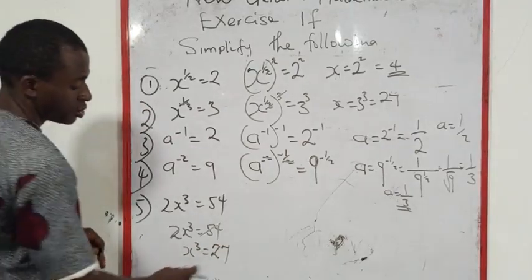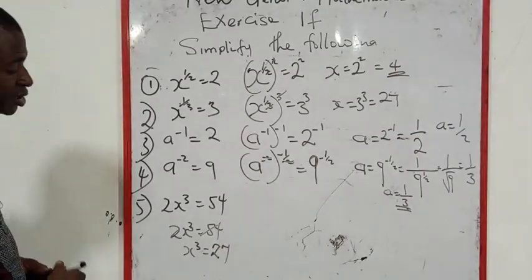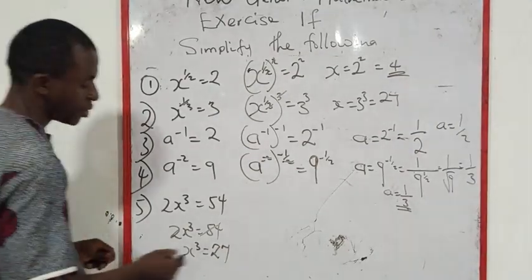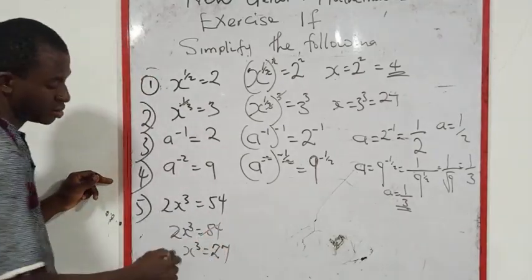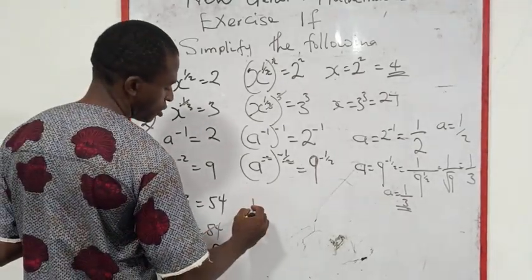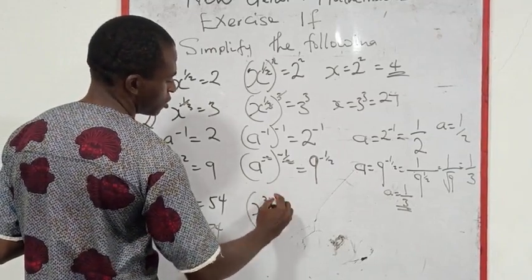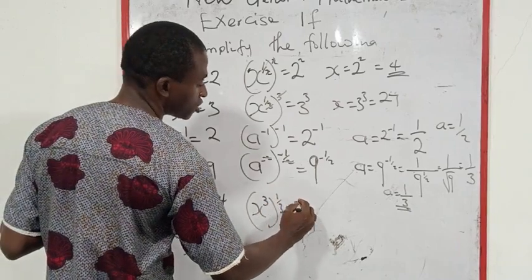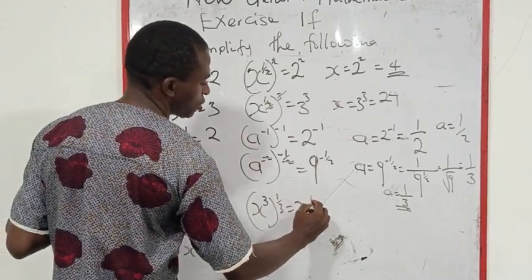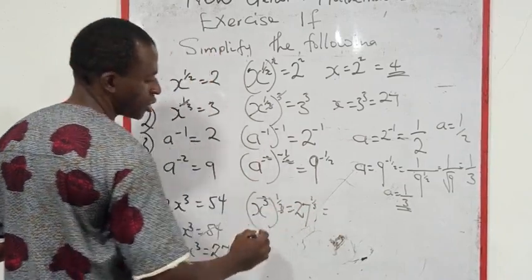Then, what do we do to remove that 3 from the power of x? Remember, we are going to introduce 1 over 3, the inverse form of it. So we now have x raised to power 3, raised to 1 over 3 for both sides of the equation. When we do that, they cancel out.